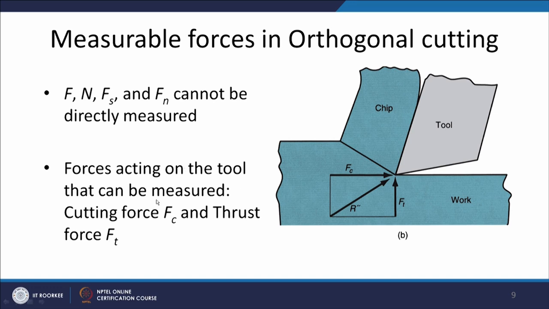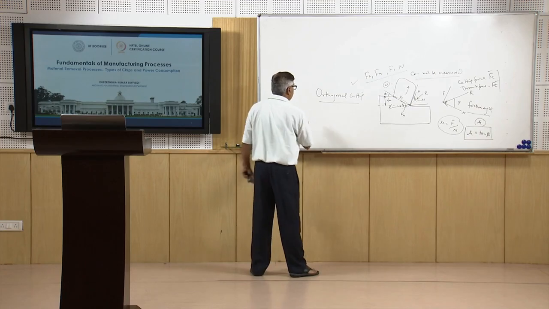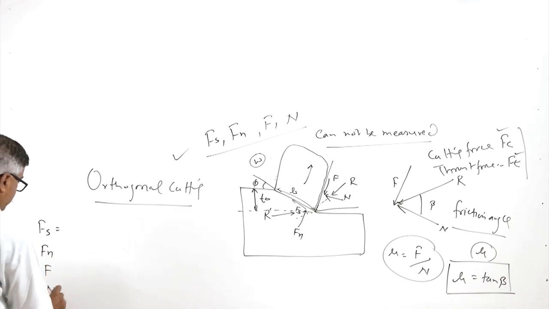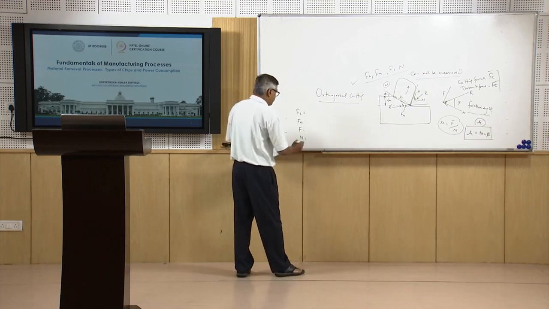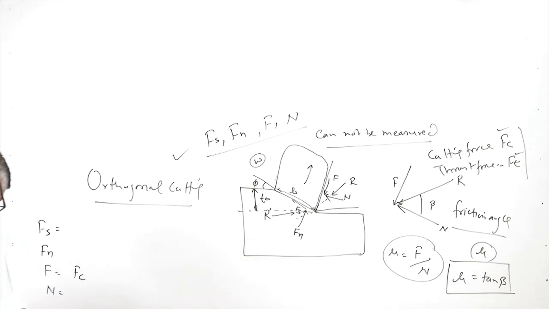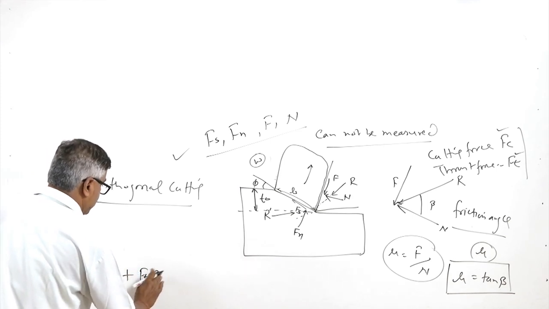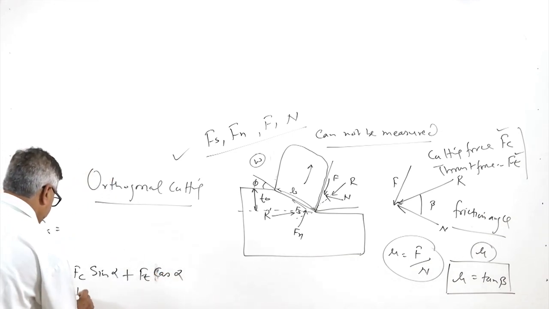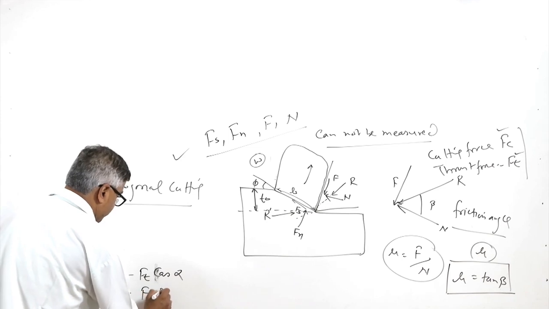So the forces acting on the tool which can be measured are Fc and Ft, and these two forces can be used for calculating the other forces like Fs, Fn, F and N. The friction force F can be obtained using the equation Fc sin alpha plus Ft cos alpha, and the normal force can be obtained through Fc cos alpha minus Ft sin alpha.